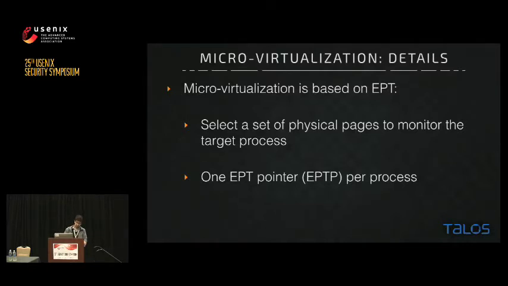This is possible thanks to the so-called extended page table pointer. At every process switch, we change this pointer to point to the set of physical pages that we want to monitor. This means that we create an EPT pointer for every application that we want to monitor.